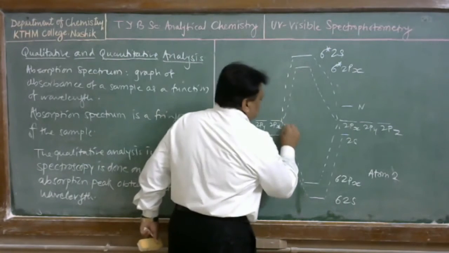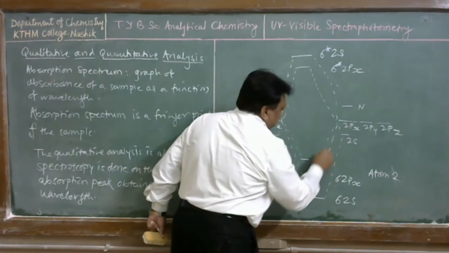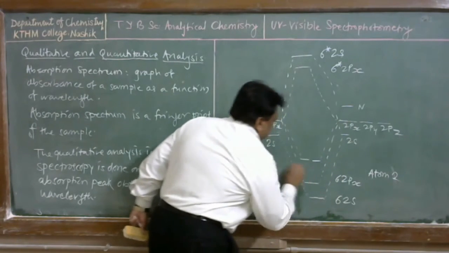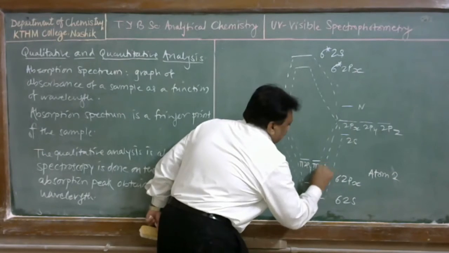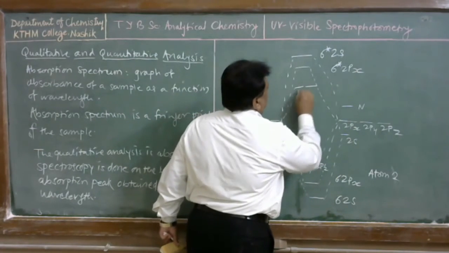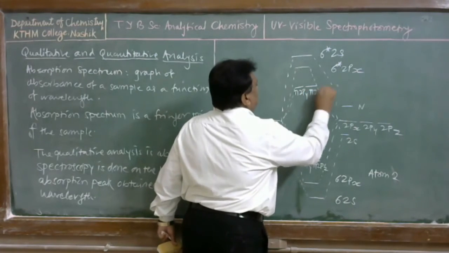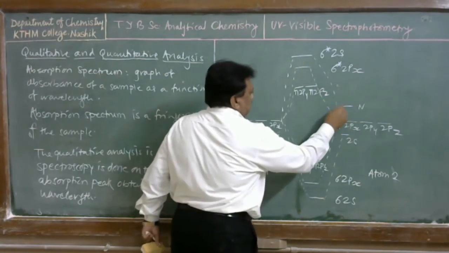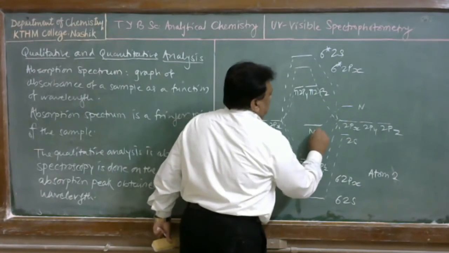Similarly, pi gives pi 2py and pi 2pz, and this orbital will be present as a non-bonding molecular orbital.